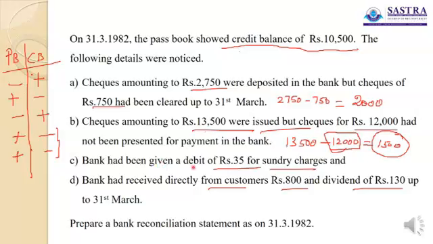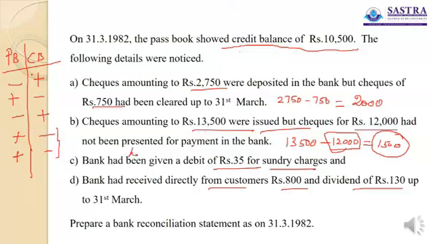And the bank has given a debit of rupees 35 for sundry charges, that has been added, and the bank had received directly from customers 800 rupees and dividend of 130, deducted. See, in that manner we have to see and take the transactions and put them in the reconciliation statement.